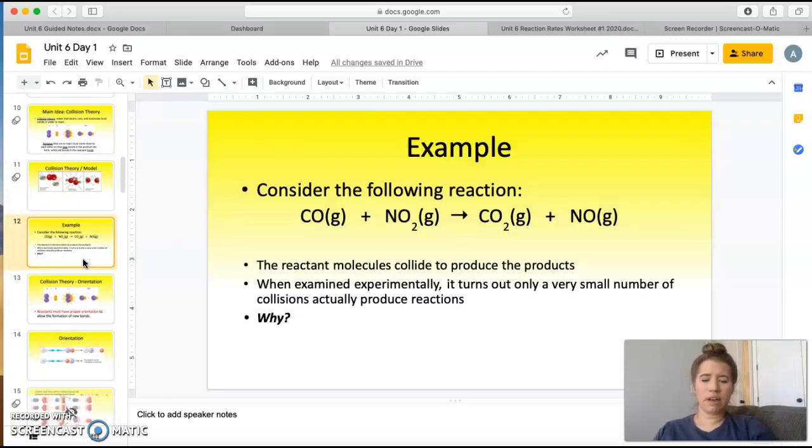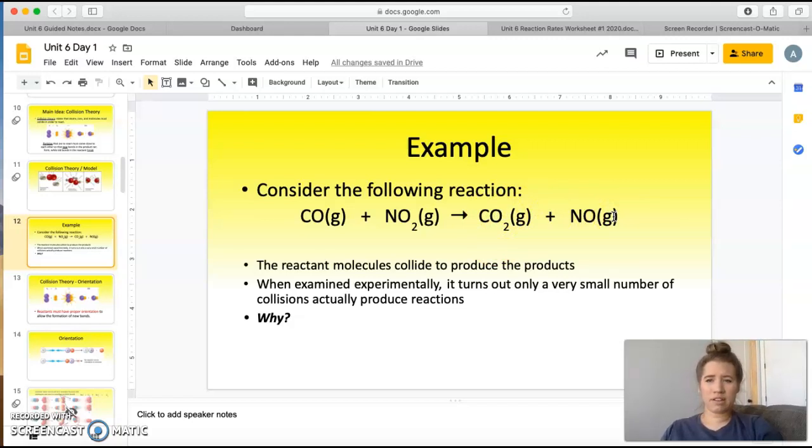All right, so if we have carbon monoxide and nitrogen dioxide, and we get carbon dioxide and then nitrogen monoxide, what had to happen? Well, this collision had to occur. And it's actually a really small number of collisions that do result in the products.